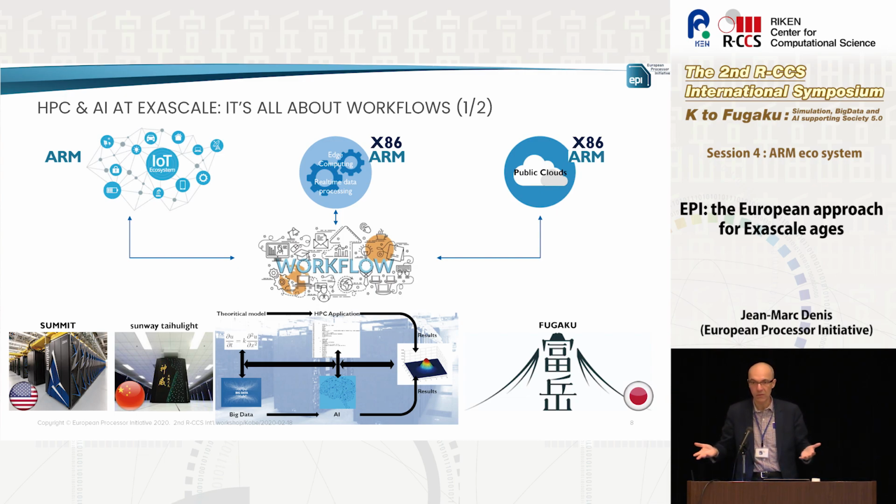For instance, Summit, which is a very interesting system, at the upper level all nodes are strictly identical. So it's a monolithic machine. Inside the node, you've got a combination of CPU plus GPU, but anyway, it doesn't change the fact that all nodes are strictly identical.